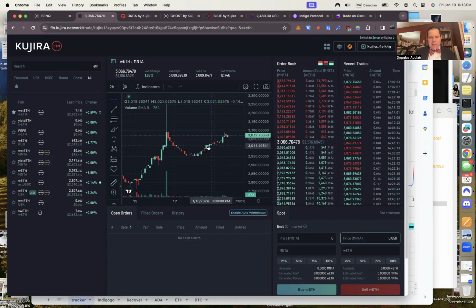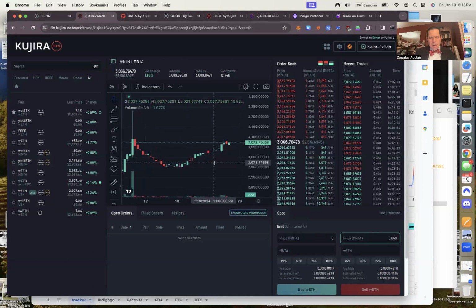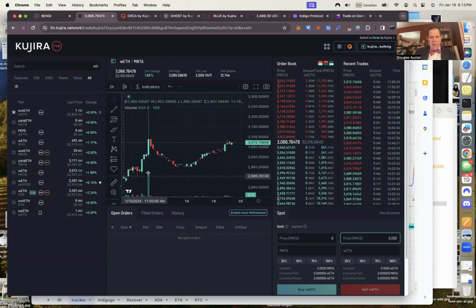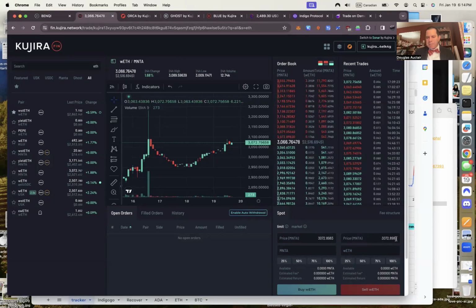I look at the prices here. And I say, okay, we have this kind of range going here. And the price is kind of stabling out here. So I'm just going to choose the next highest price for Ethereum against Manta, undercut the ask, and then trade 0.05 Ethereum.